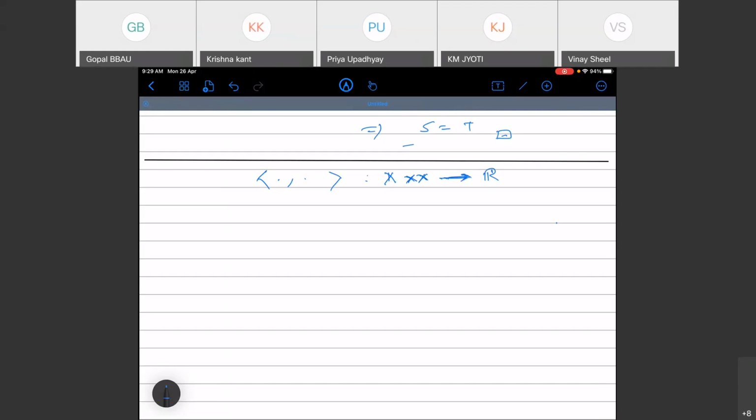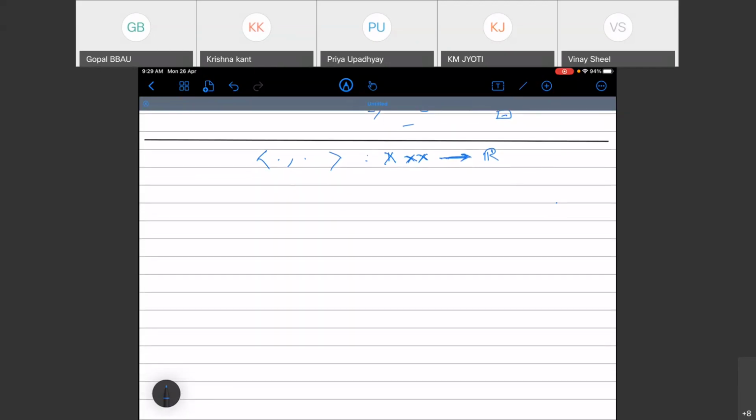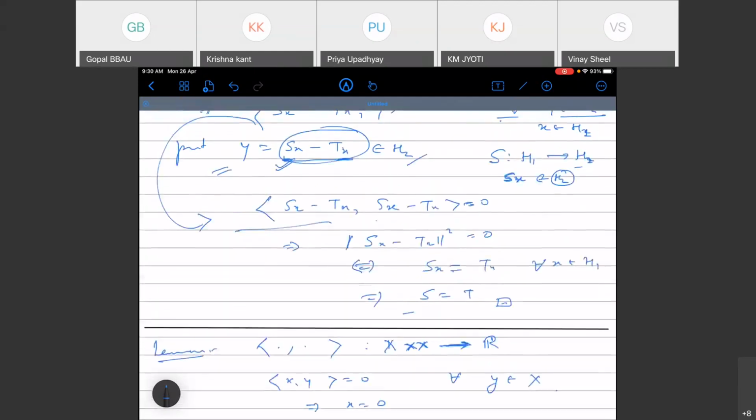Then if x comma y is 0 for all y in X, this implies x equals 0. So this is a general lemma that we used here.